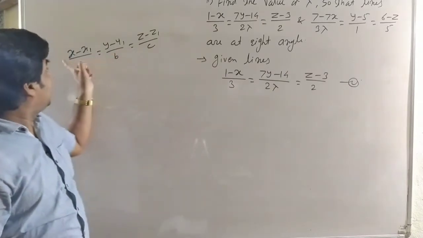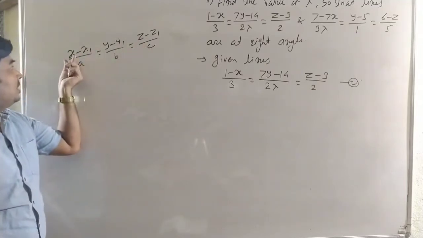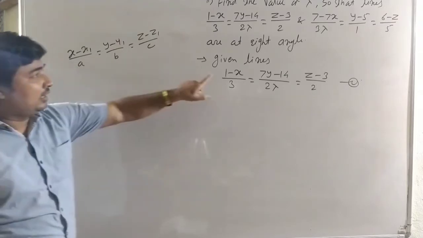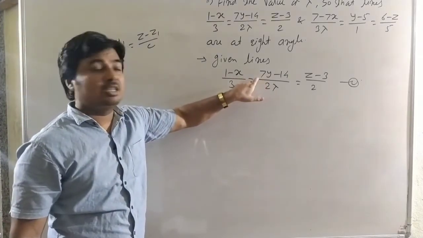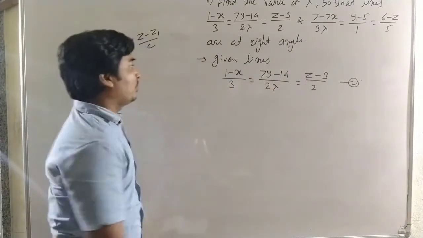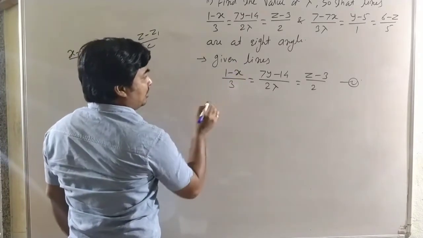Here in x minus x1, y minus y1 and z minus z1, the coefficient of the variables x, y and z is 1. Here the coefficient of x is minus 1, the coefficient of y is 7 and the coefficient of z is 1. Now we convert this so the coefficient of x is 1.